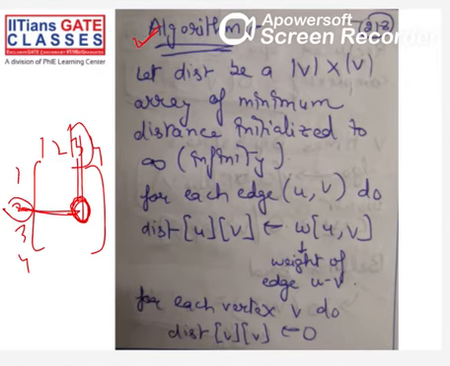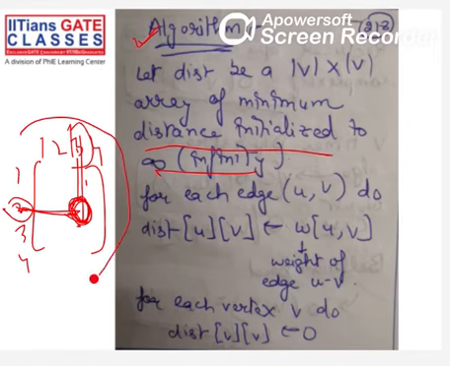The minimum distance is initialized to infinity, so for all the values in this 2D matrix, you initialize their values to infinity.